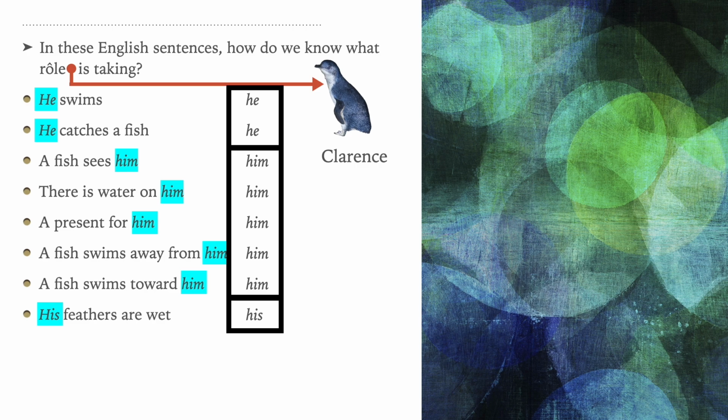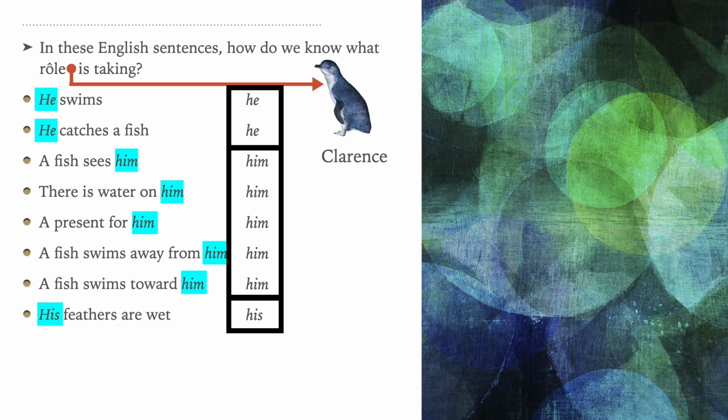If we changed him to he, a fish sees he, it wouldn't be grammatical in English, but we would be keeping the same word order. Likewise, if we said him sees a fish, that also isn't grammatical in English, but we would probably understand that Clarence is seeing the fish.